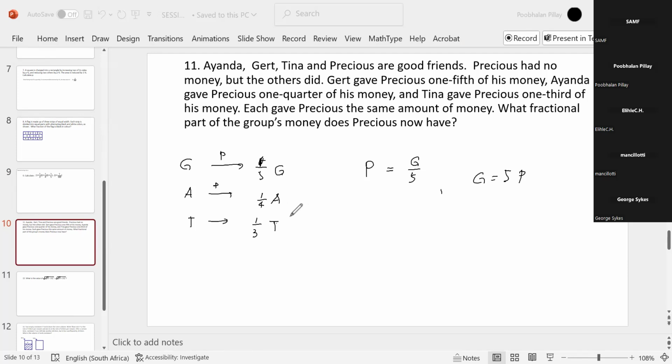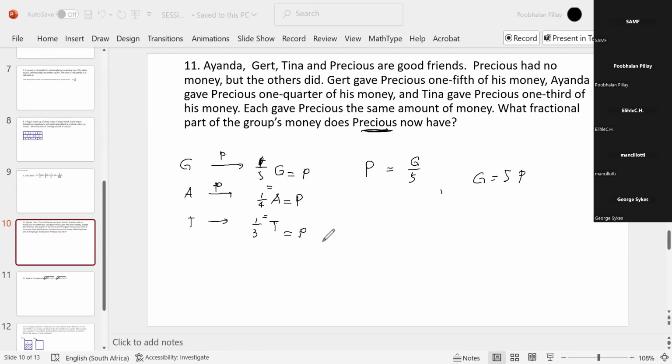So likewise, remember he gave this to Precious. I'm going to count how much money Precious had. This is the amount that Precious has got, but it says here that each gave Precious the same amount of money. So these are all equal. This is Precious' money, this is Precious' money, this is Precious' money.